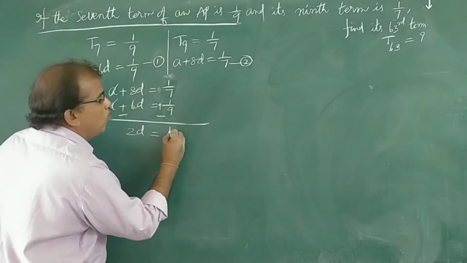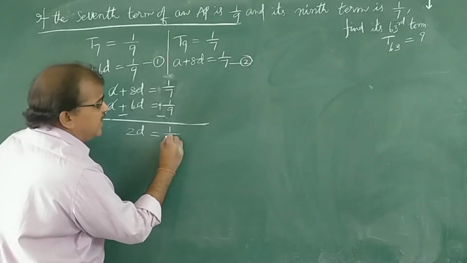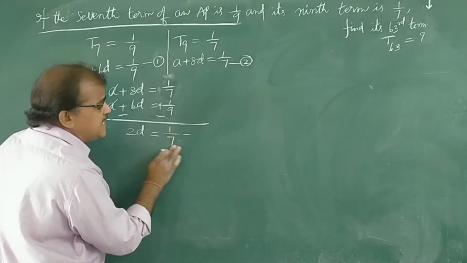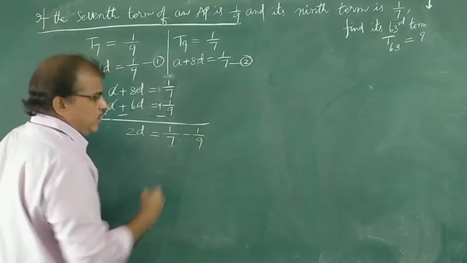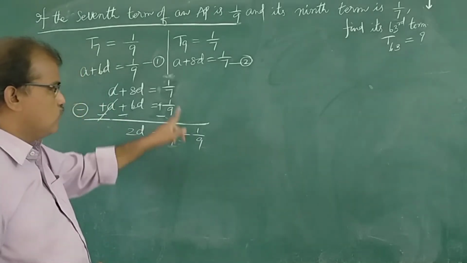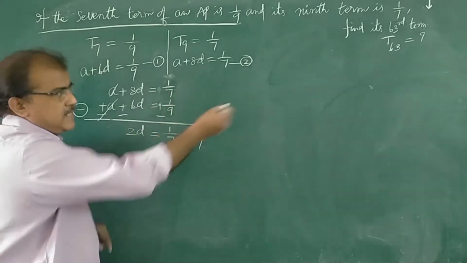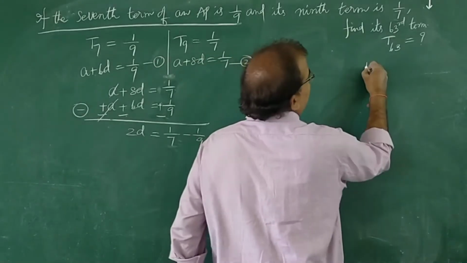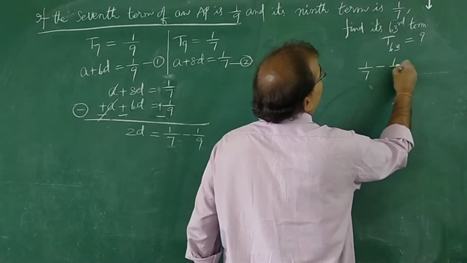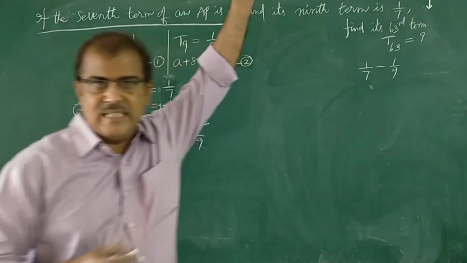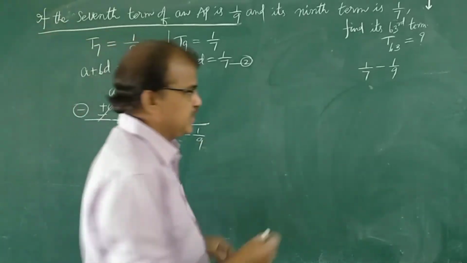On the right side, 1 by 7 minus 1 by 9. This is sixth class subtraction of fractions.